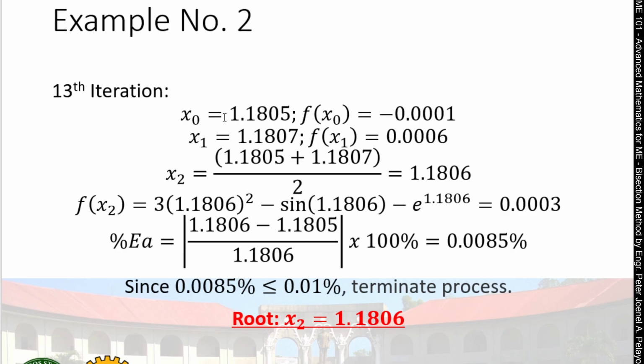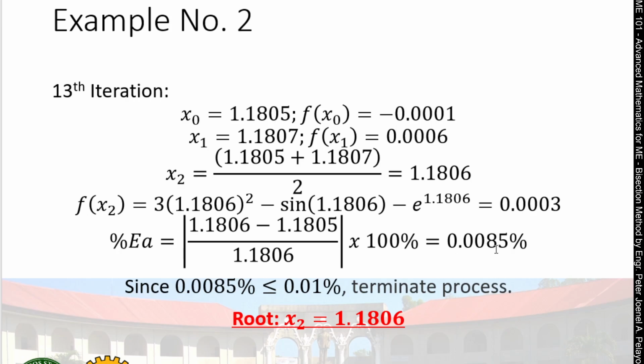So ito na yung pangatlo o panghuli. x0 natin is equal to 1.1805. f of x0 is negative 0.0001. x1 natin is 1.1807. f of x1 natin is 0.0006. x2 is 1.1806. So, substitute natin. Makukuha is 0.0003.